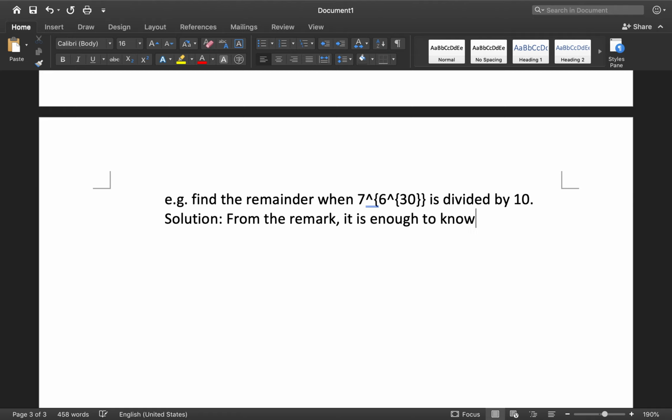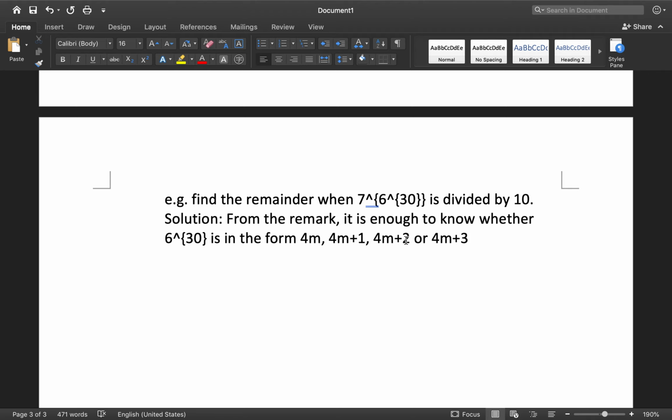Now from the remark, it is enough to know whether this number 6 to the power 30 is in the form 4m, or 4m plus 1, or 4m plus 2, or even 4m plus 3. Actually there are only 4 cases, right?